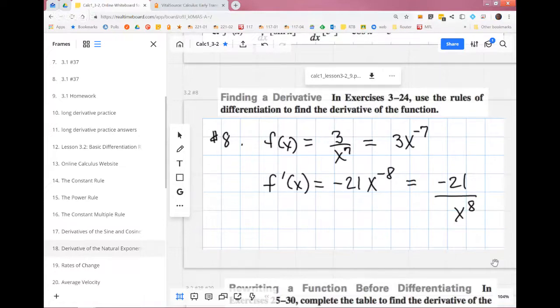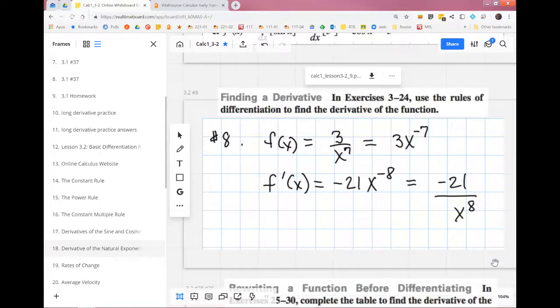Now we're perfectly set up to do the power rule. Negative 7, multiply that by what you had. Negative 7 times 3 is negative 21. Now take the power and make it 1 lower, x to the negative 8th. And then get the negative exponent out of there, rewrite it. Final answer, negative 21 over x to the 8th.